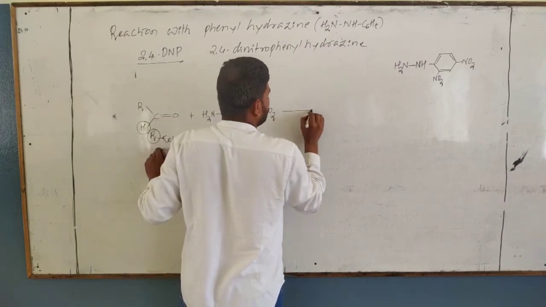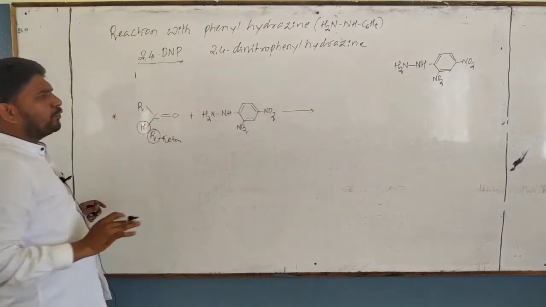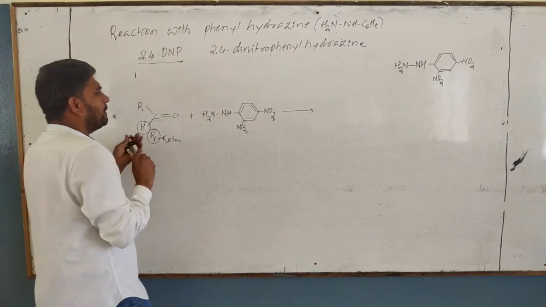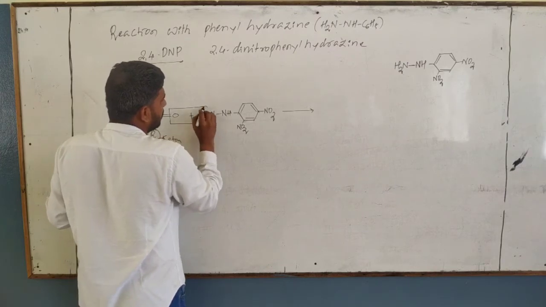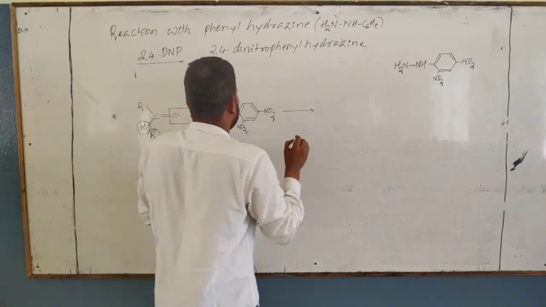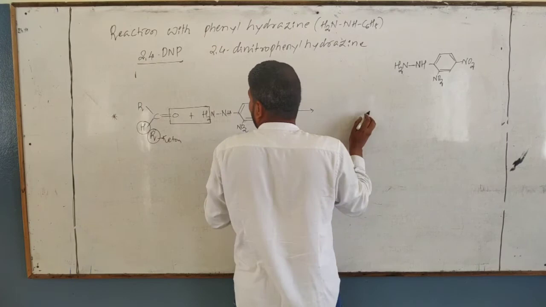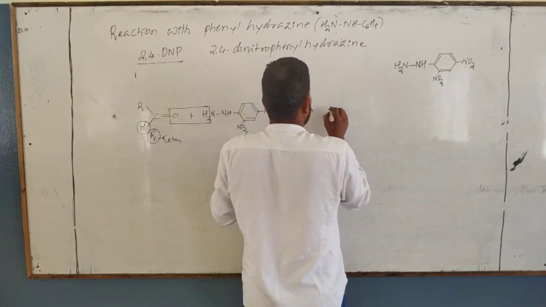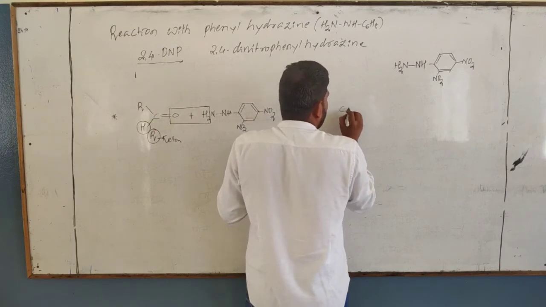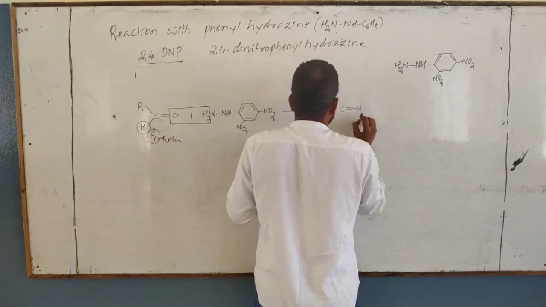When this 2,4-dinitrophenylhydrazine reacts with carbonyl compounds, any carbonyl compound, it forms, see, over here there is a removal of what? H2O, water is eliminated to form 2,4-dinitrophenylhydrazone.